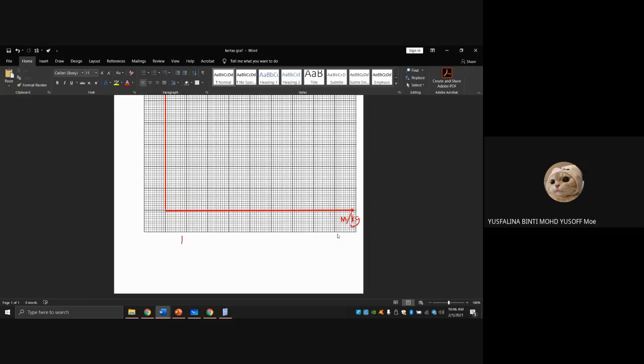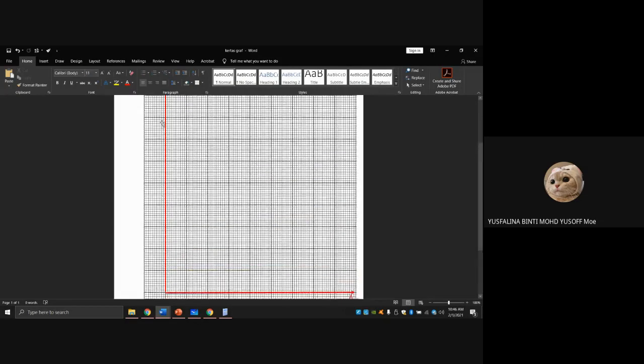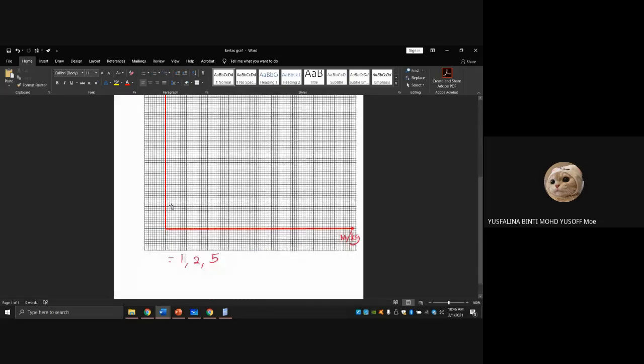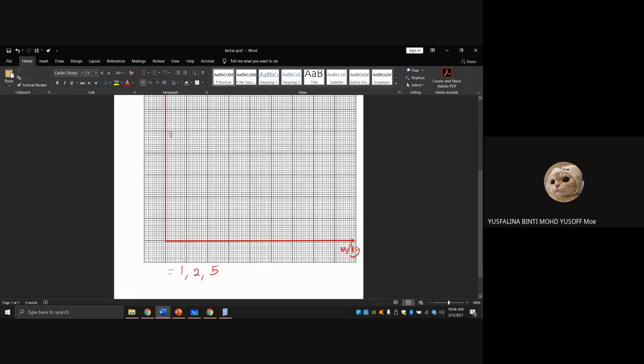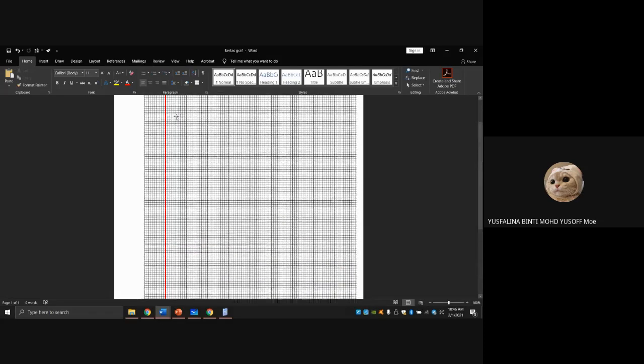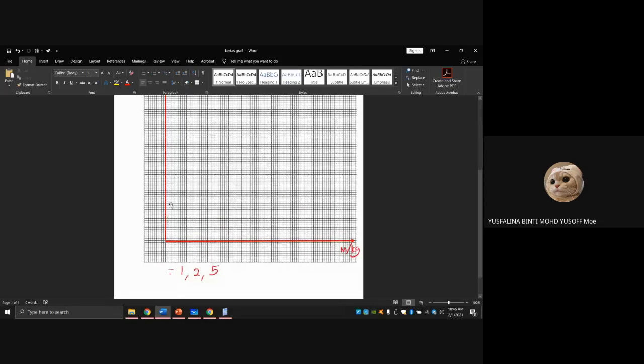So the scale here is 1, 2, 5 only. So what does it mean by 1, 2, 5? You can put 1, 2, 3, 4, 5, 6, 7, 8, 9, 10, or you can put 2, 4, 6, 8, 10, 12, 14, 16, 18, or you can put 5, 10, 15, 20, 25, 30, like that.